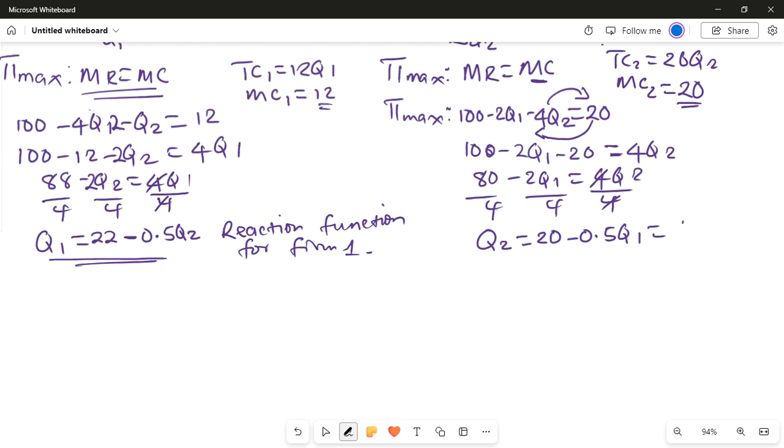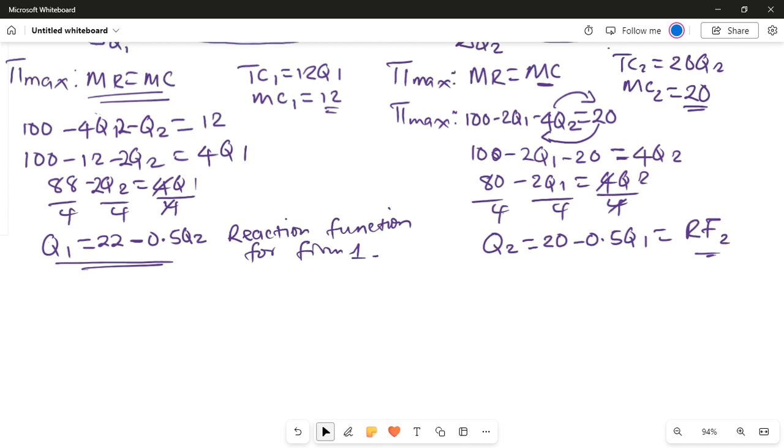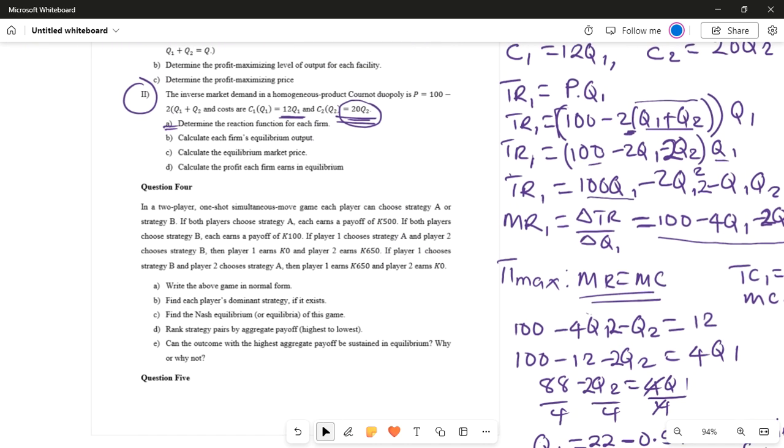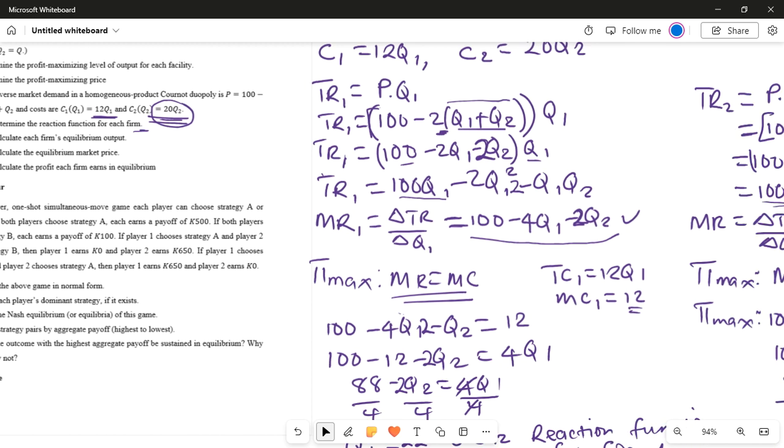So this is the reaction function for Firm 2. So with part A of part 2, which is saying determine the reaction function for each firm, we are done. This is how we get the reaction functions.